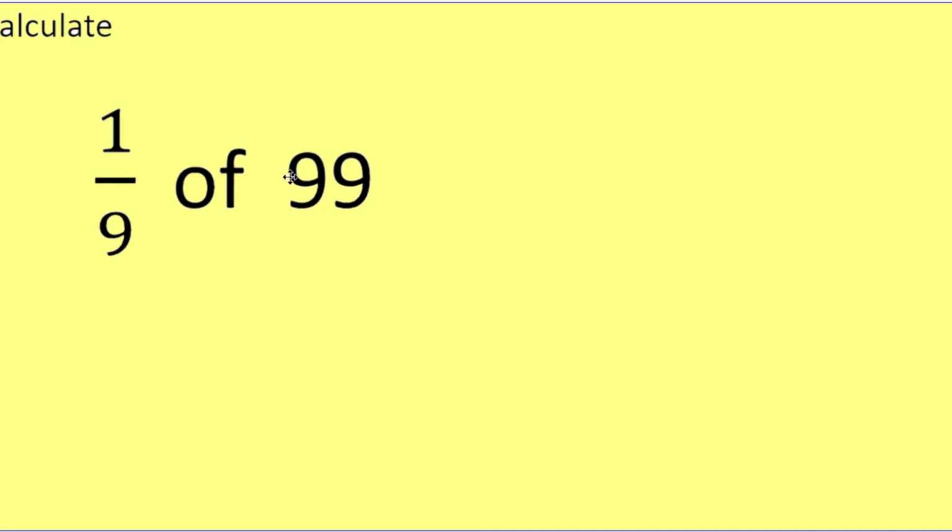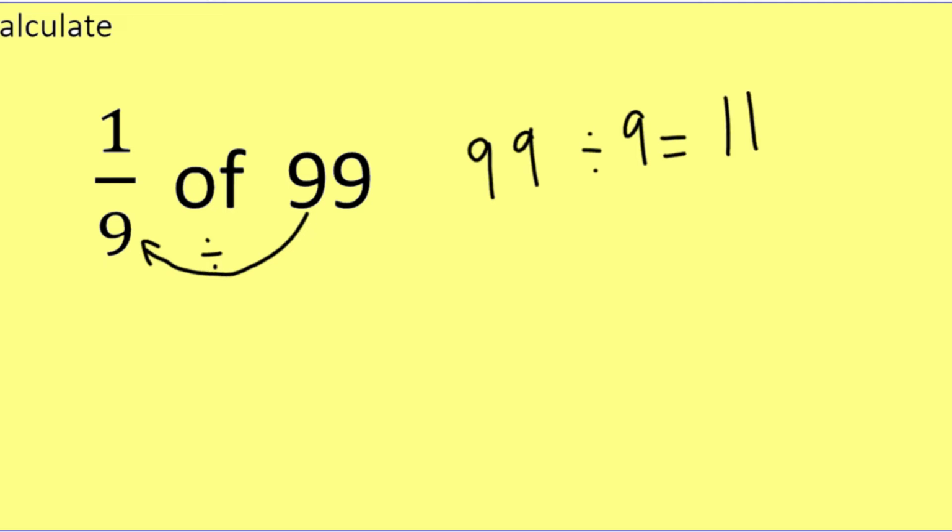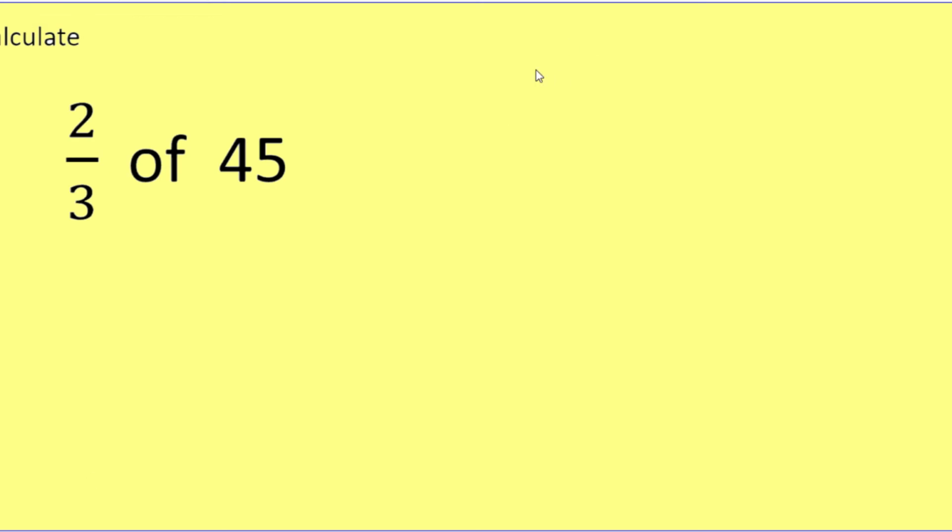1/9 of 99. So we start with 99. We divide by the bottom. So 99 divided by 9 is 11. And 11 multiplied by 1 is 11. Okay, so that's your answer. 2/3 of 45.